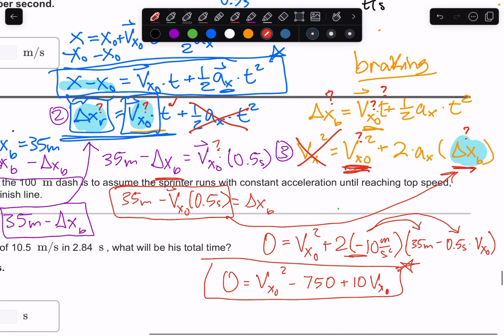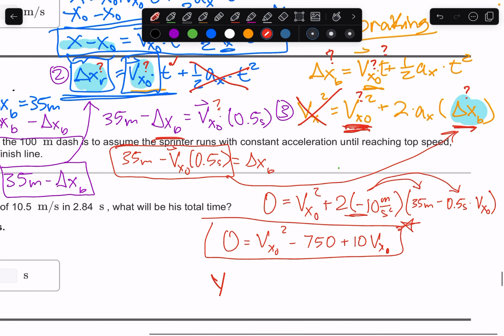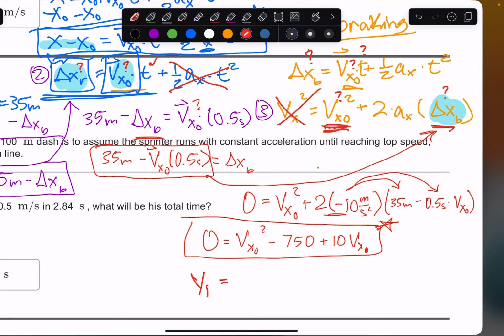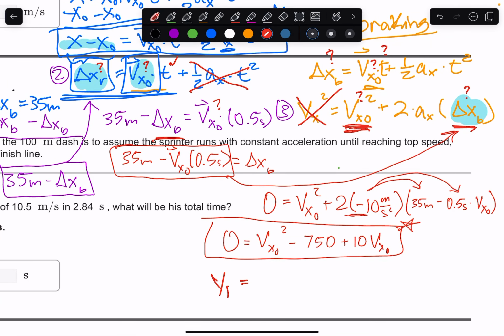So on your calculator, you could go y1 equals, and our a coefficient is just 1, so you'd go y equals x squared plus 10x minus 750. And we're looking for where that is 0.